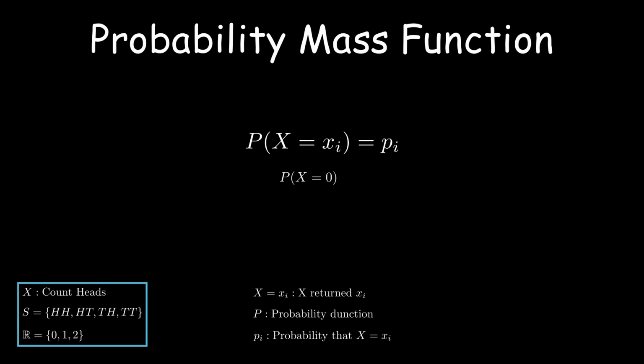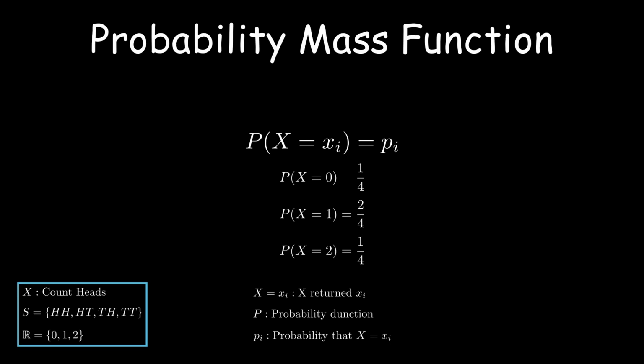In this case, the number of ways we can get 0 heads is 1, and the total number of outcomes is 4. Therefore, the probability of getting 0 heads is 1 divided by 4. Similarly, we can find the probability of getting 1 head and getting 2 heads.